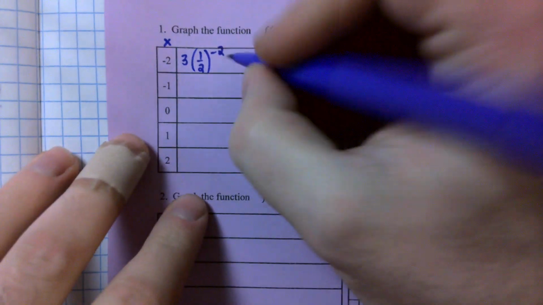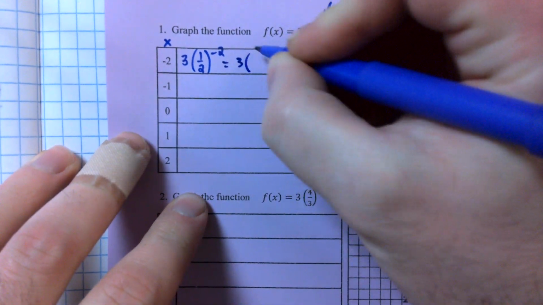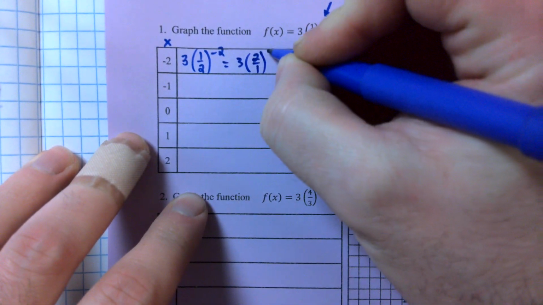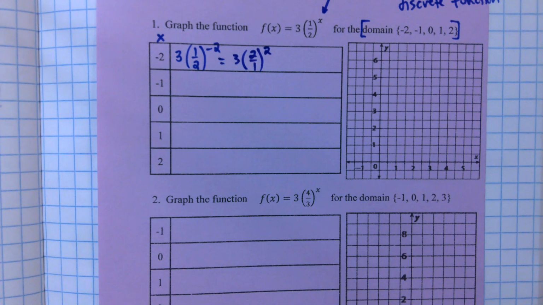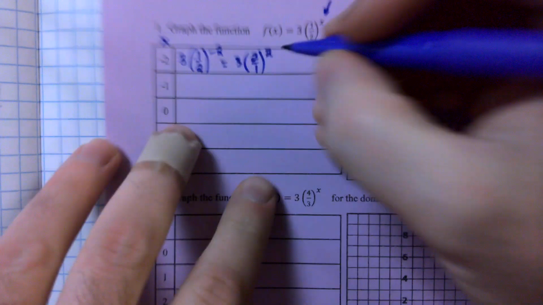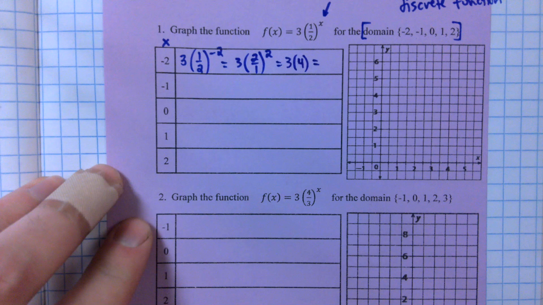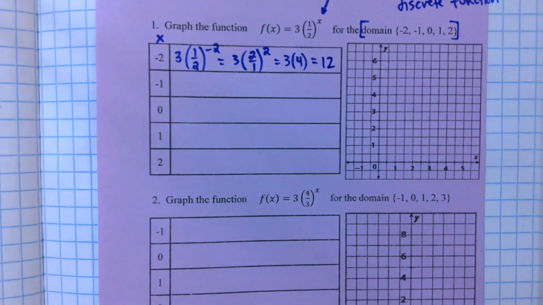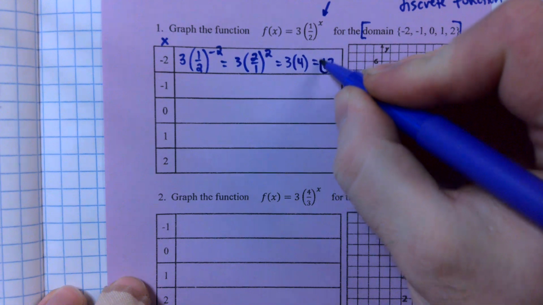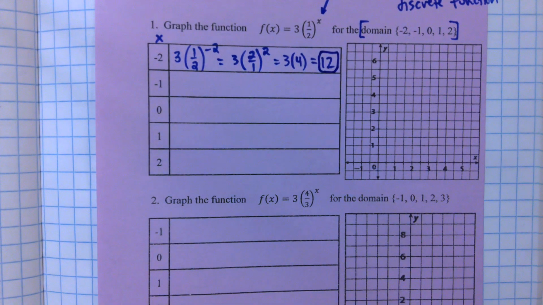We flip it around: 2 over 1, and we make that exponent positive. What is 2 over 1 squared? 4. And what's 3 times 4? 12. So this first input, -2, gives me an output of positive 12.